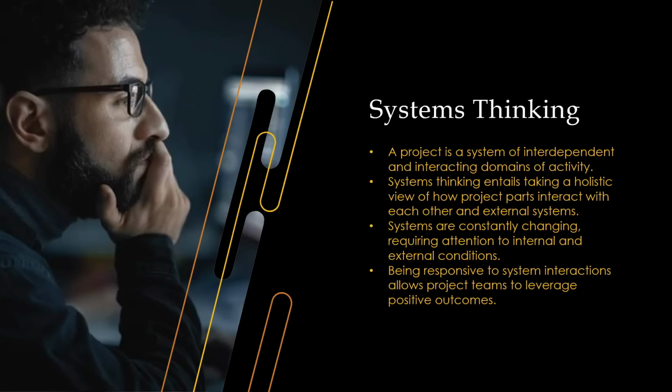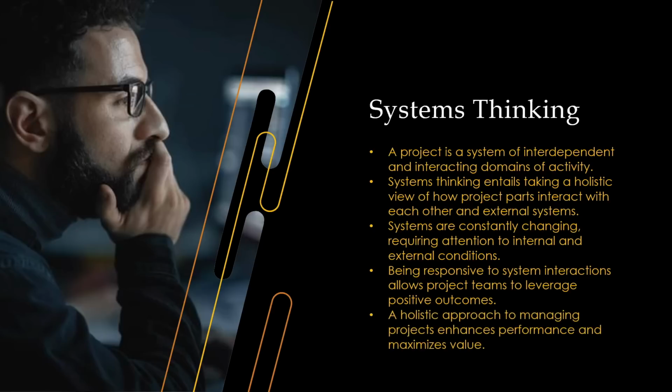And this responsiveness enables teams to make adjustments and seize opportunities that can positively impact the outcome of the project. So, taking this holistic approach is going to help project teams better manage the dynamic circumstances, ensuring that projects perform optimally while staying aligned with the goals of the organization.